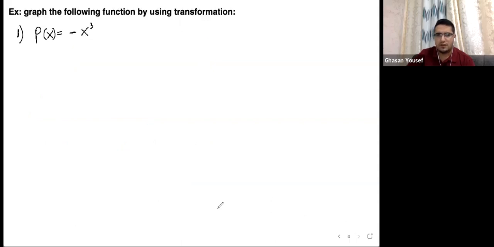Okay. So my function, graph the following function by using the transformation. First of all, this function is a polynomial function. And we have to know what the original function is before we start graphing this one. What is my original function, O of x?